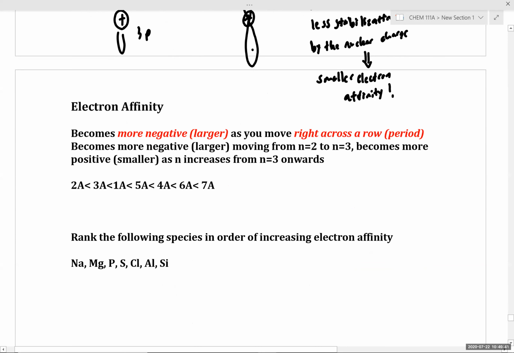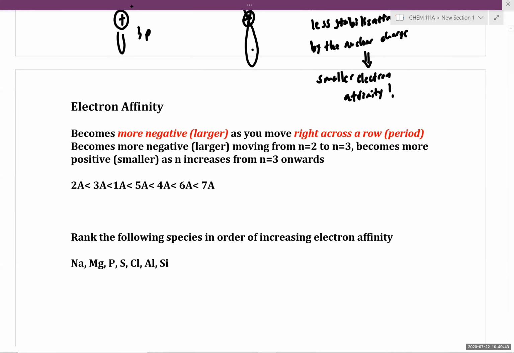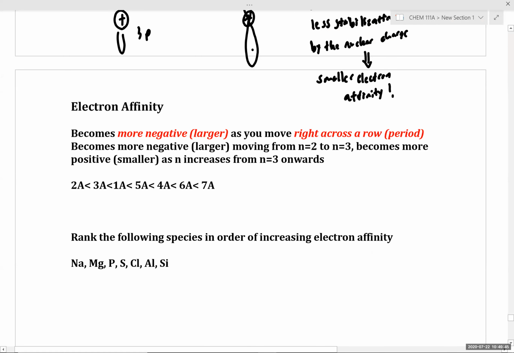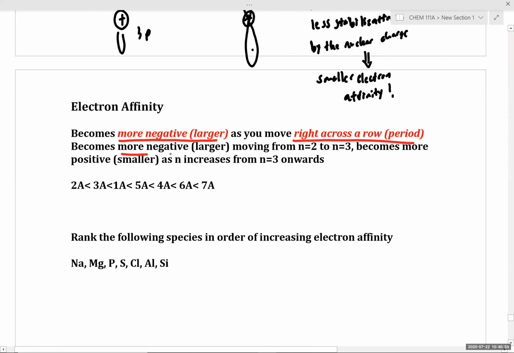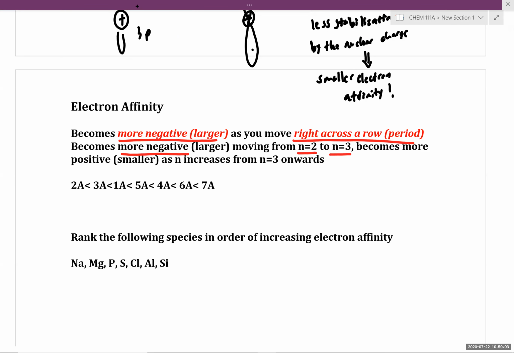So let's talk about a summary for electron affinity, and let's try to apply these rules to rank species in order of increasing electron affinity. First, electron affinity becomes more negative as you move right across a row. Electron affinity also becomes more negative as you move from n equals 2 to n equals 3.